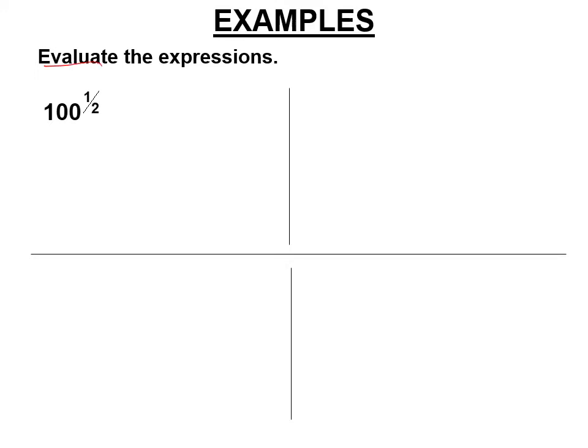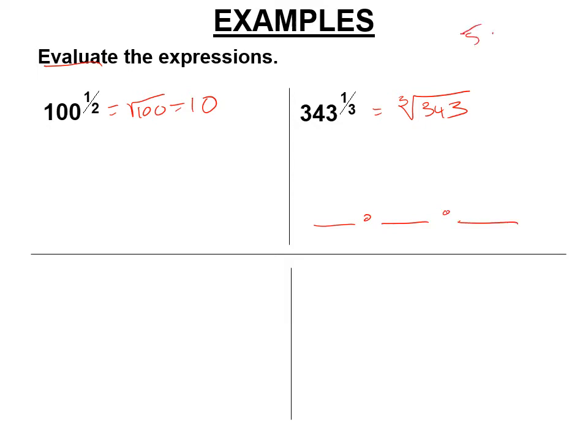All right, so now evaluate. So let's see. 100 to the 1/2 is the same as the square root of 100, 10. 343 to the 1/3 is the same as the cube root of 343. So blank times blank times blank. Now remember, I memorized that 5 times 5 times 5 is 125, right? And I've said I wouldn't give you anything bigger than 10.